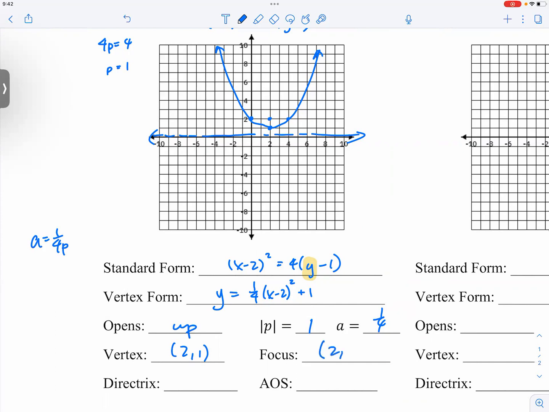The focus is 2, 2 from the graph. The directrix is y equals 0, again from the graph. And the axis of symmetry is x equals 2, also from the graph. Okay? Also from the graph. We're good? Okay.